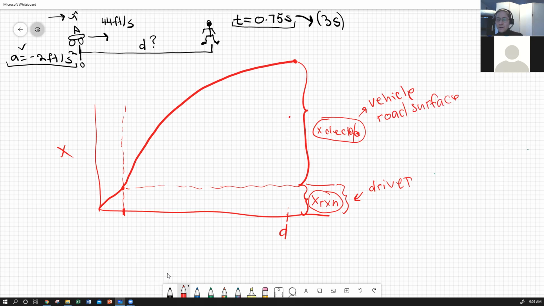So if you're an automotive designer, you can control this, you can't control that. If you're a civil engineer or a highway engineer, there's some stuff you can do to that road surface to increase the coefficient of friction and whatnot, increase road drainage that's going to maximize this deceleration that can be applied.